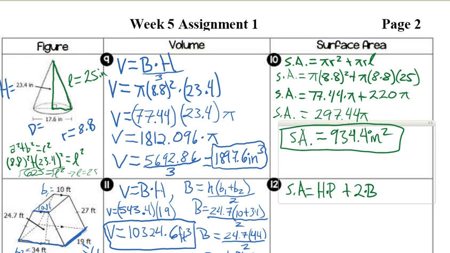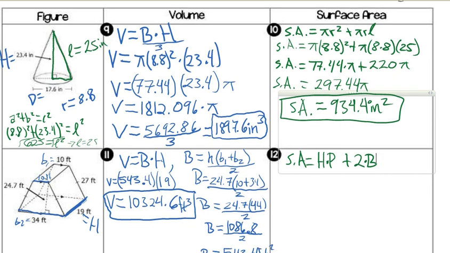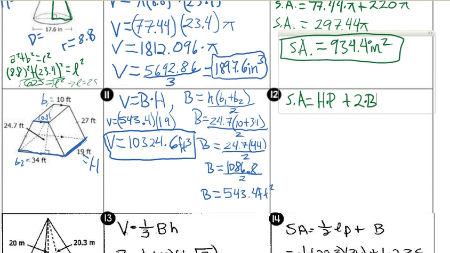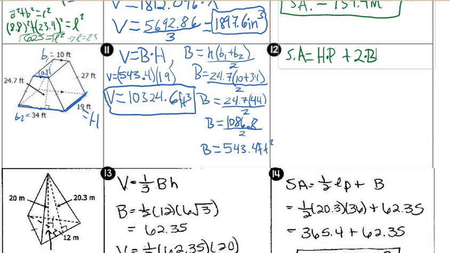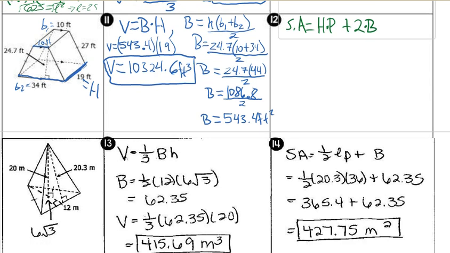Now the next one, all the work is already done for us because we already found our height, our big H, and we found our big B, area of the base. All we have to do here is find the perimeter. So let's plug in what we know so far.